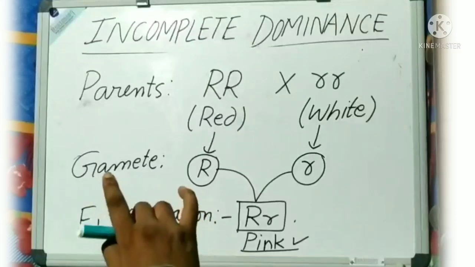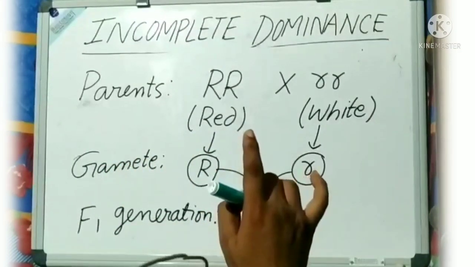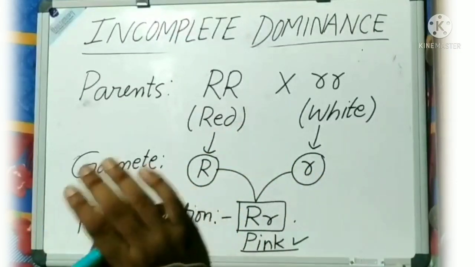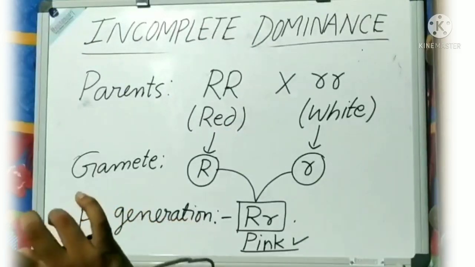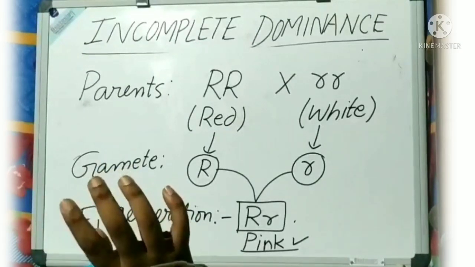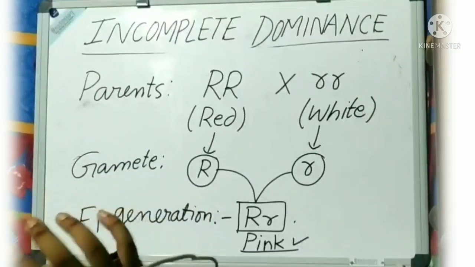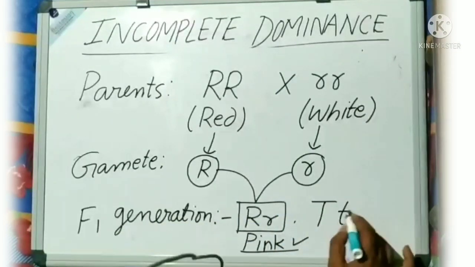If a pure homozygous tall pea plant was crossed with a pure dwarf pea plant, and if we got a moderate sized plant in the F1 generation, then that would be called incomplete dominance, but it does not happen. We find a tall plant in the F1 generation in the heterozygous condition.